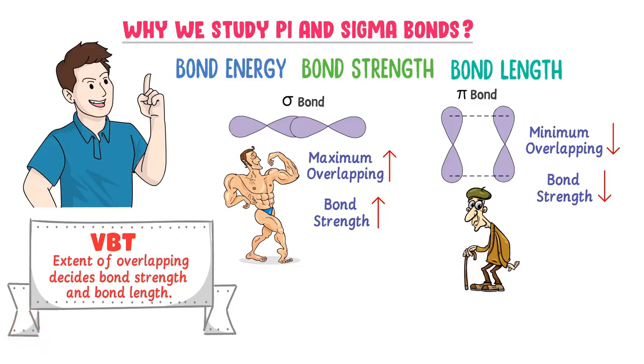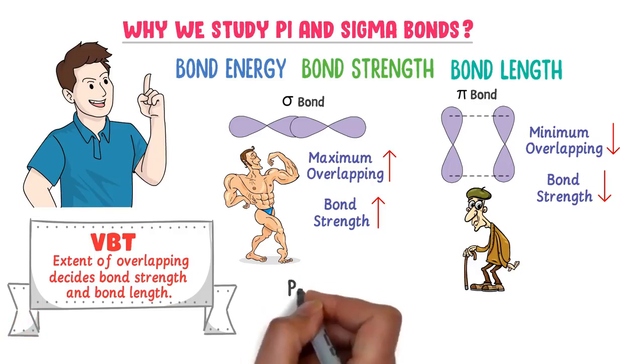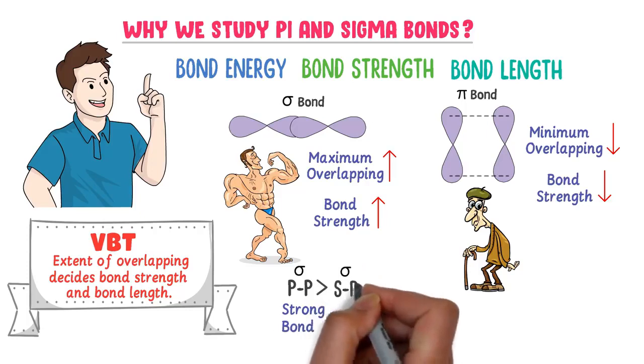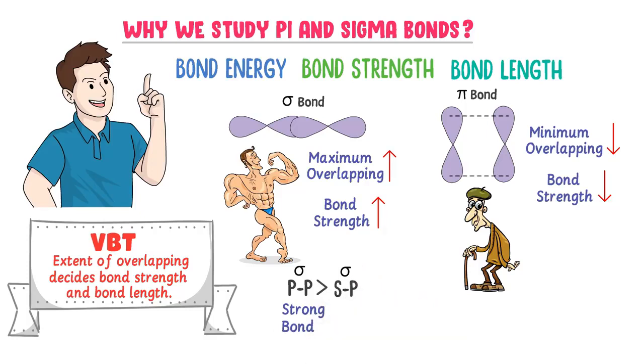For example, in head-to-head overlapping of two p orbitals or sigma bond between two p orbitals, there is maximum overlapping. So it forms strongest bond, or it has high bond strength or high bond energy. Secondly, the sigma bond of sp orbital also has greater bond energy but lesser than pp overlapping.